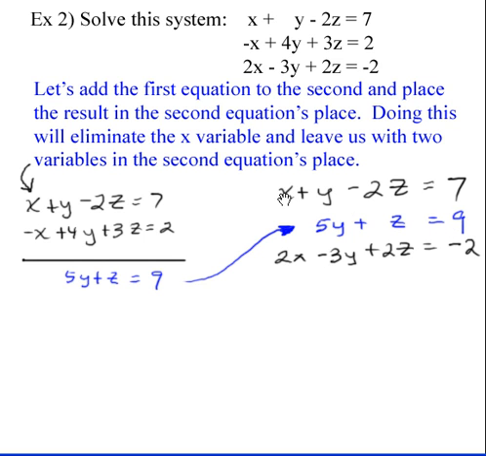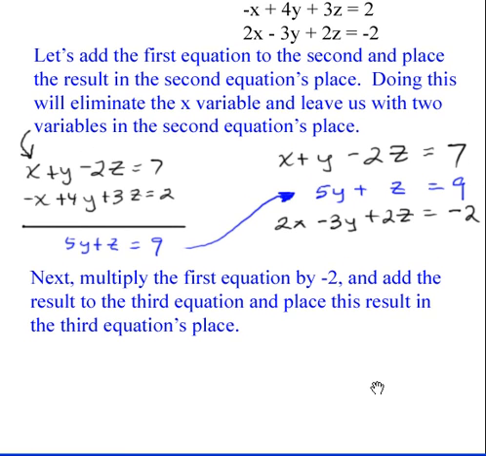So far we do have the first equation with all three variables, we have the second equation with the two variables we want, y and z. So what we have to do now is combine the first and the third equation to eliminate x again. And that will not be our triangular form yet, but we're getting close to it.